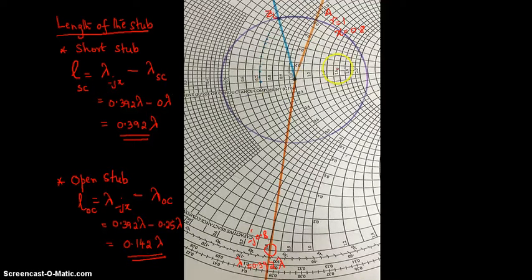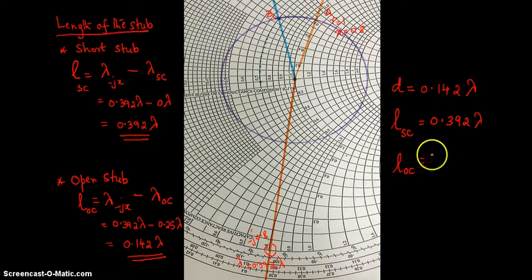So now we have found, for this stub, the distance is equal to 0.142 lambda, and the length of a short circuit stub is equal to 0.392 lambda. The length of an open circuit stub is equal to 0.142 lambda. So these are the values that we have got for the stub.